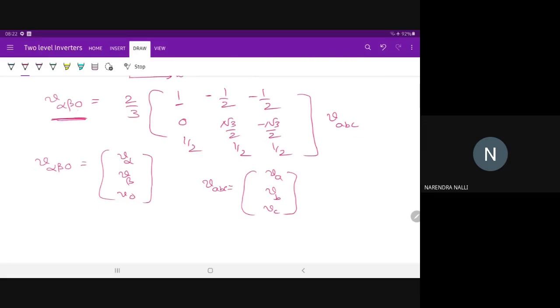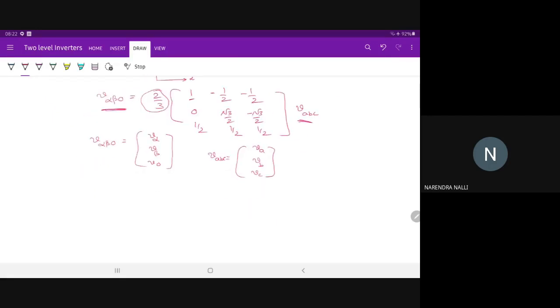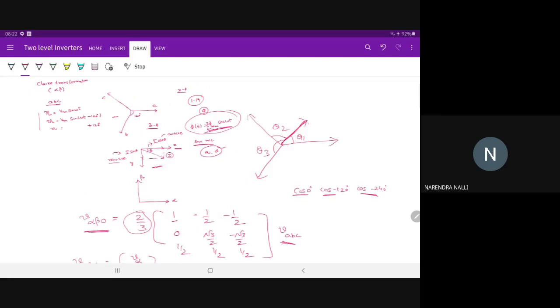So this is how the conversion is done, alpha beta 0 to ABC reference frame. So we have this constant, which is 2 by 3. So when you're doing this, V alpha, we assume that this is Vm sine omega t, right?